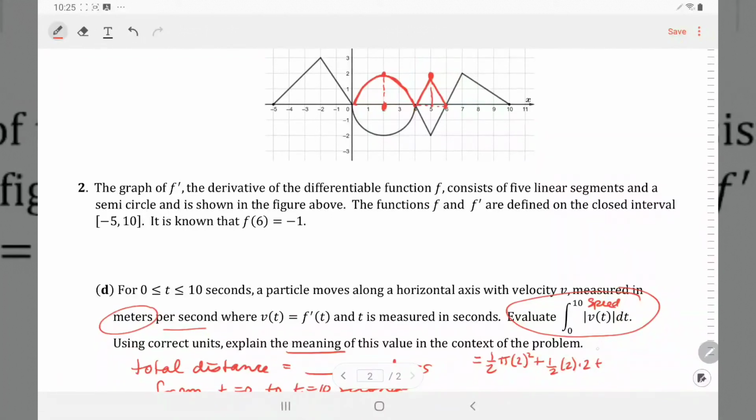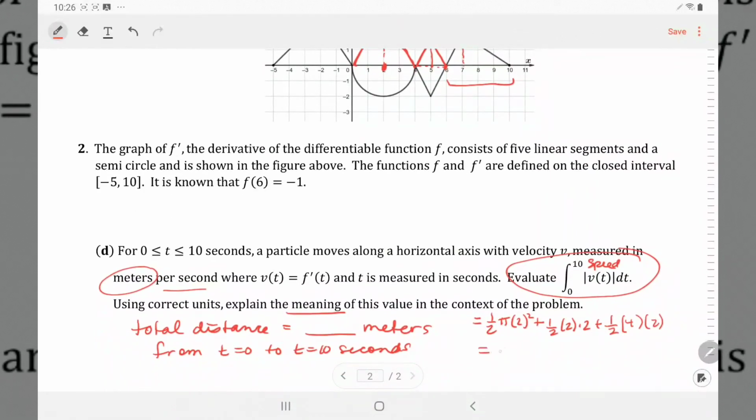And then the area from 6 to 10, I guess that's one triangle. I kind of think of it as 2 triangles, but we might as well do one triangle. Its base is from 6 to 10, so that's 4, and its height is 2. So this would be 2 pi plus 2 plus 4, so 6 plus 2 pi. So 6 plus 2 pi meters would be the total distance, and this would be the answer.